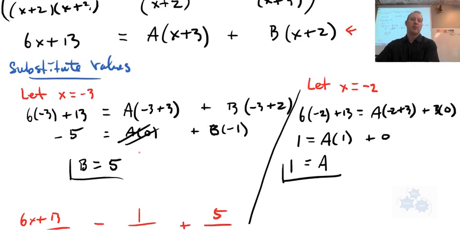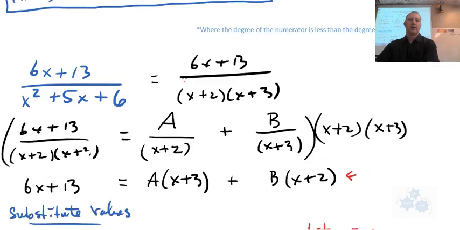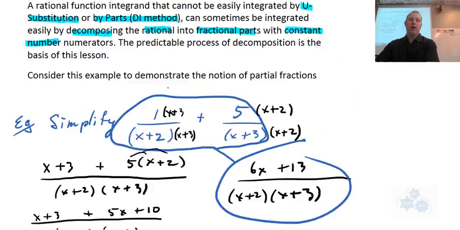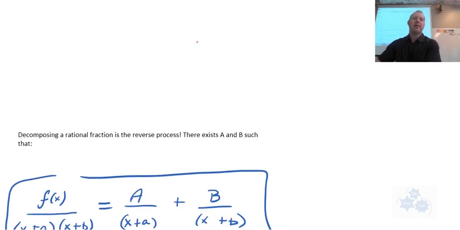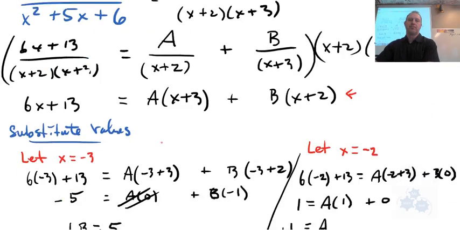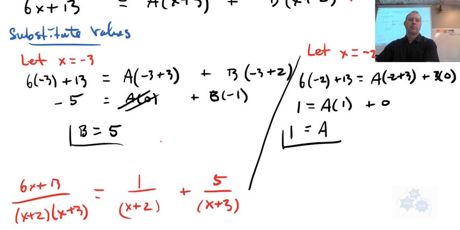Okay, and that's how we find those coefficients. And that's way back here, that's where we started. See, 1 over x plus 2 plus 5 over x plus 3. So this is all the same question. We were going forward to expand and to combine, and now we are decomposing. So we get the same values. Okay?